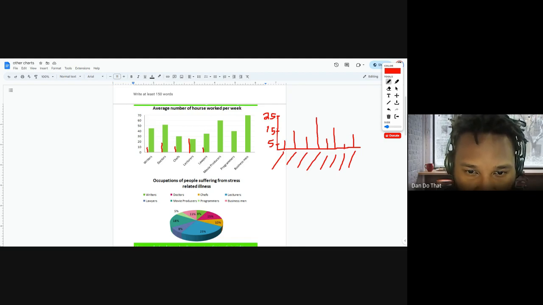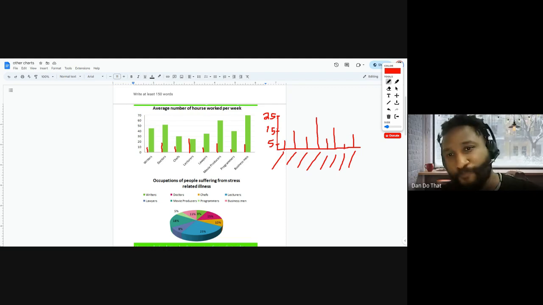8% for lawyers. Movie producers is 18. Okay. And then programmers, only 5. All right. Very low. And then what's the last one? Businessmen, 11. All right.